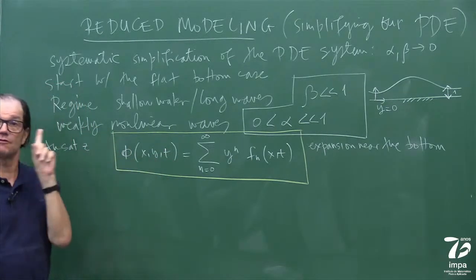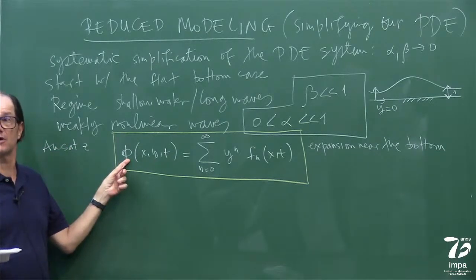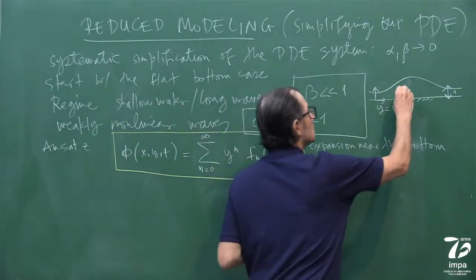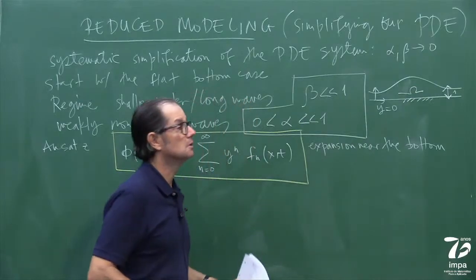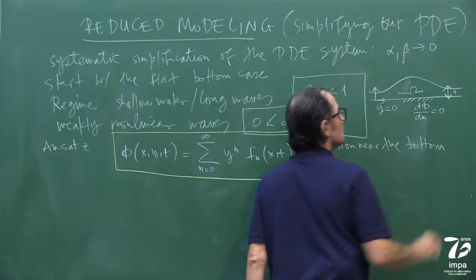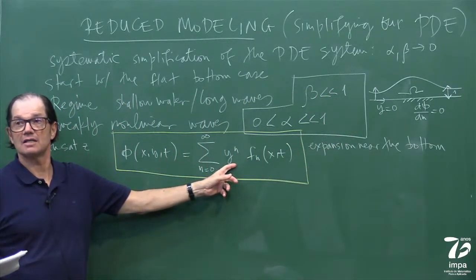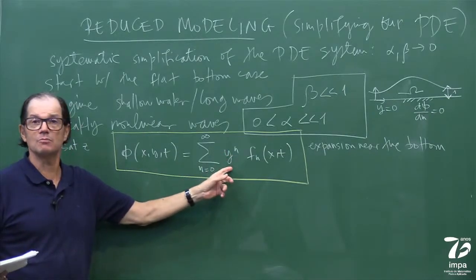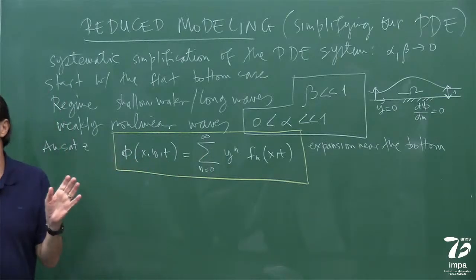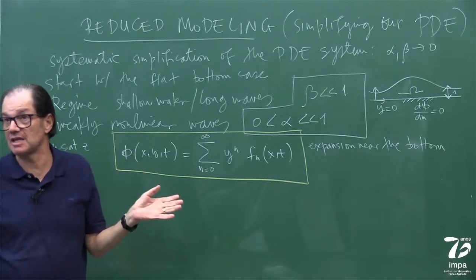So I'm going to try to figure out an approximation for my harmonic function which satisfies Laplace's equation in here, and a Neumann condition here. Okay? As I said, this is an expansion near the bottom because y is small. So powers of something small, formally, it looks like the series makes sense.